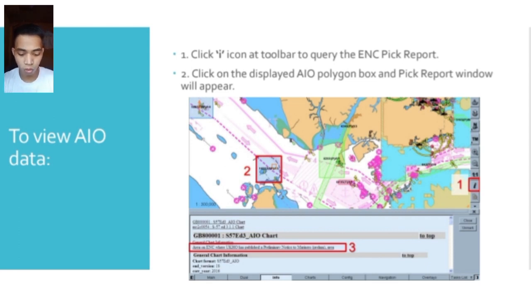Then go to view the AIO data. Number 1, click the icon on the toolbar to query the ENC pick report. Then number 2, click on the displayed AIO polygon and the pick report window will appear.